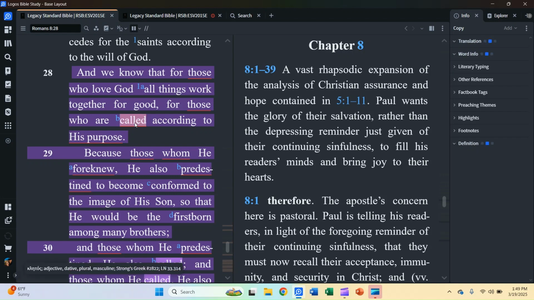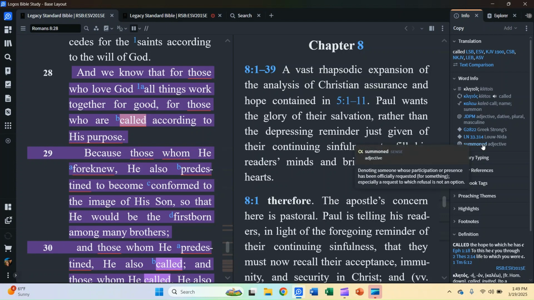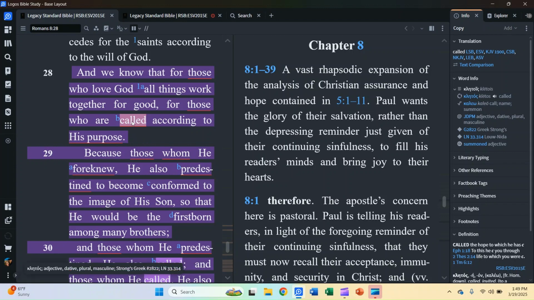This word here, called, if I want to see the proper meaning in the Greek, is this word, kletos. What this means in its context is denoting someone whose participation or presence has been officially requested for something, especially a request to which refusal is not an option. This is like a king summoning you. You don't get an opportunity to say no.